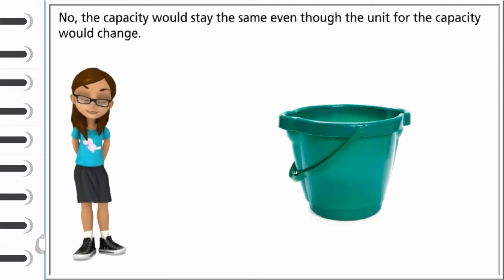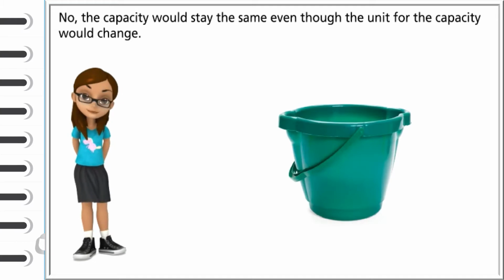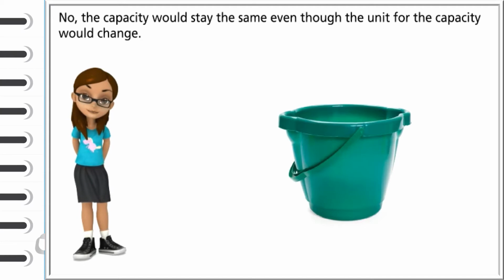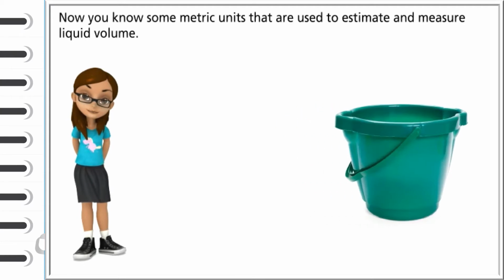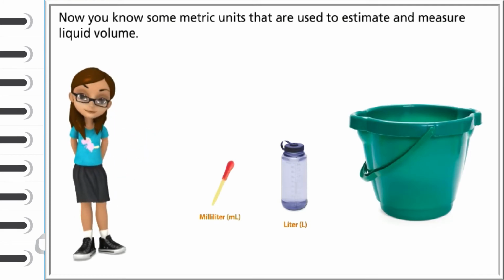No, the capacity would stay the same even though the unit for the capacity would change. The pail would still hold the same amount of liquid. Now you know some metric units that are used to estimate and measure liquid volume.